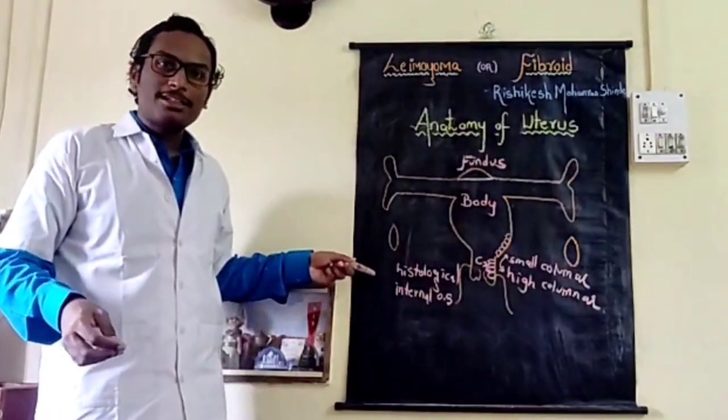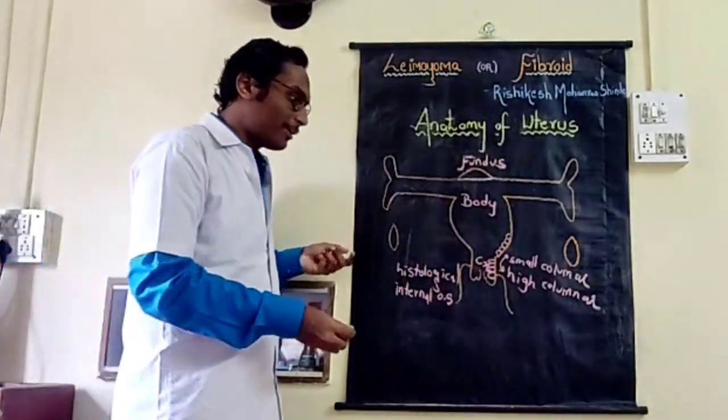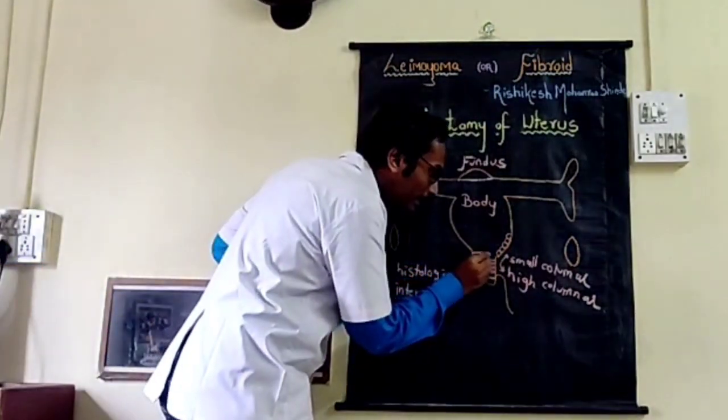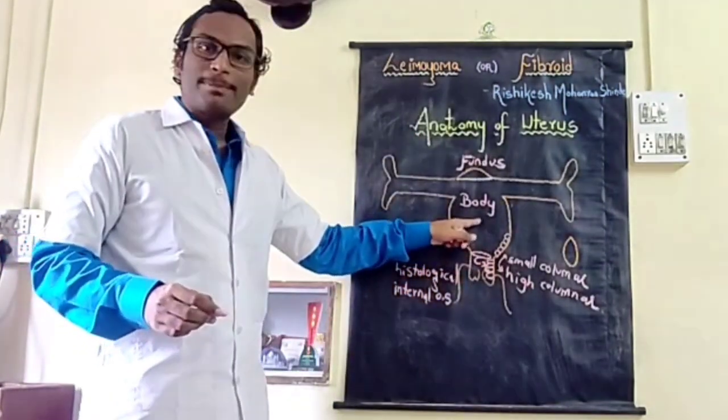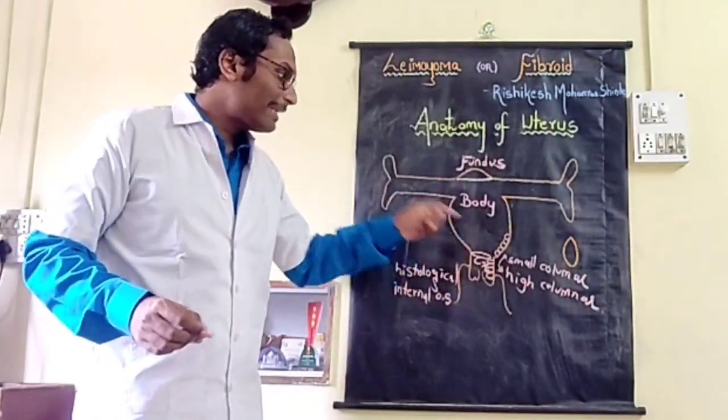Now as there is a histological internal os, there will also be an anatomical internal os. The anatomical internal os is the opening present between the body of the uterus and the cervix.